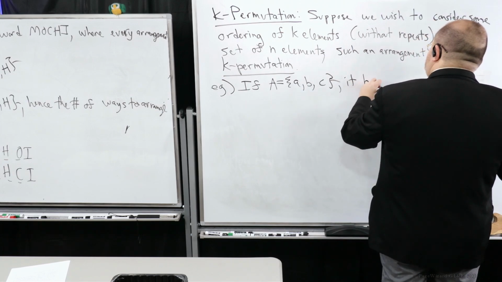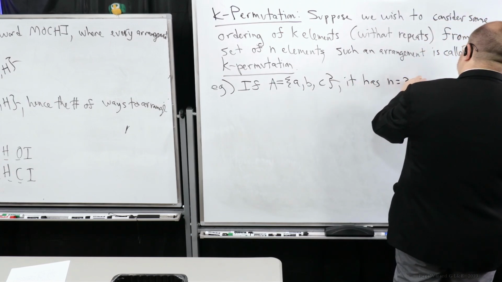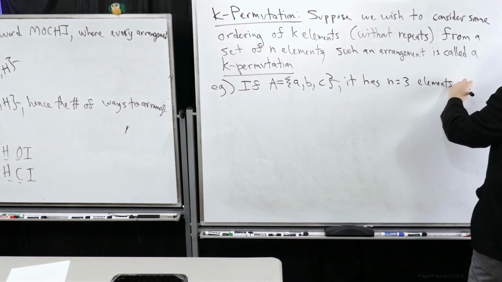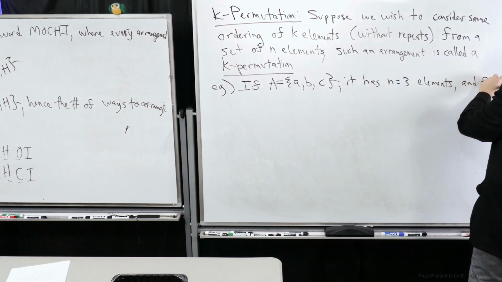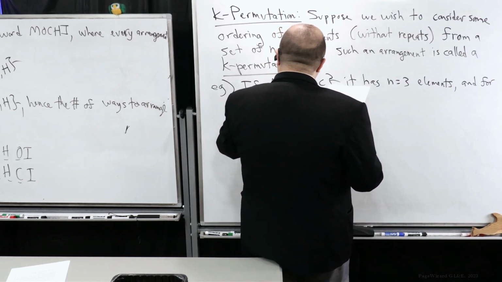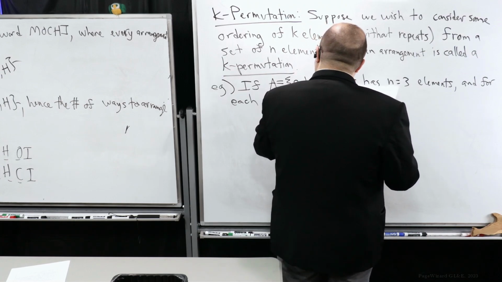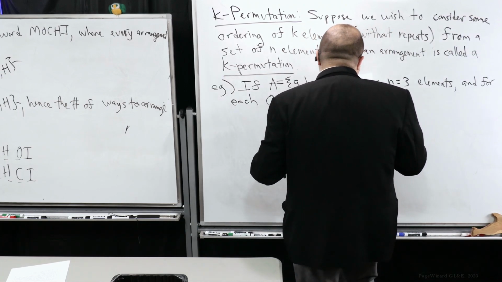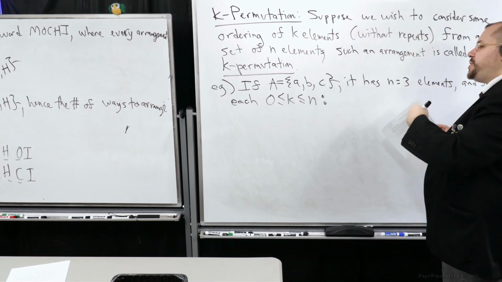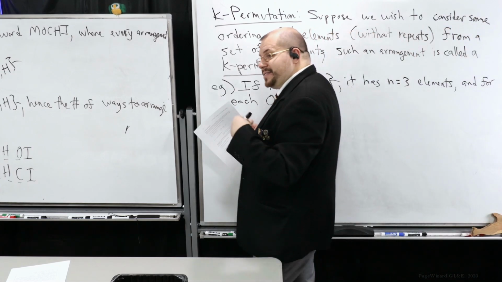It has n equal to 3 elements, and for each k with 0 less than or equal to k less than or equal to n, we can list them. So I'm going to go through each possible value of k and see what we get.